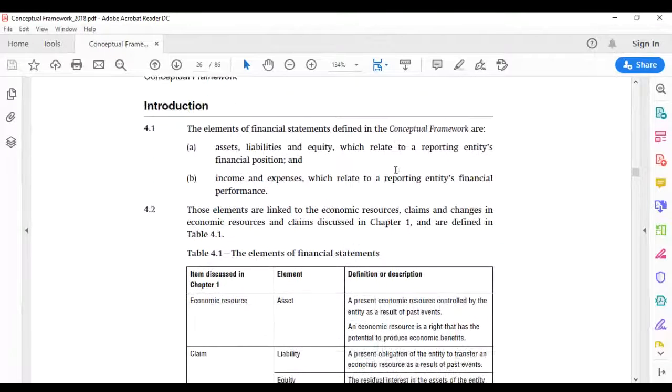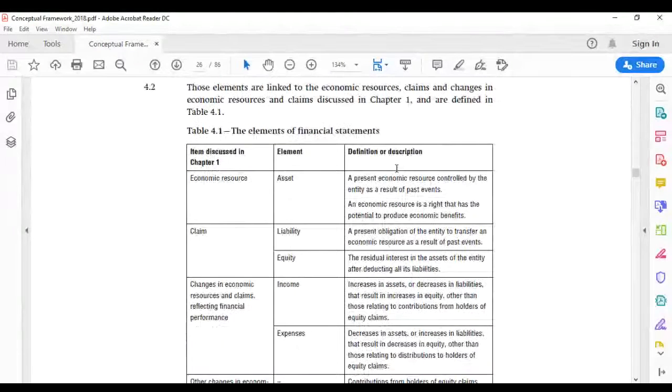So let us have a look at an asset. We've already said that an asset is the element, right? So the element is an asset. What does it represent? It represents the economic resources of the company. So how are we going to define it? Right here we've got a definition in our conceptual framework, and perhaps we can just break it down into certain components, right?